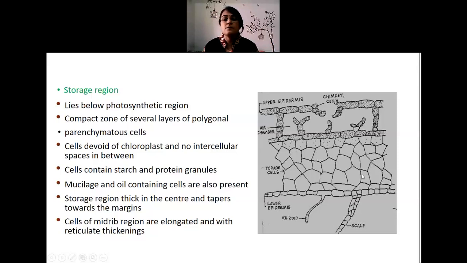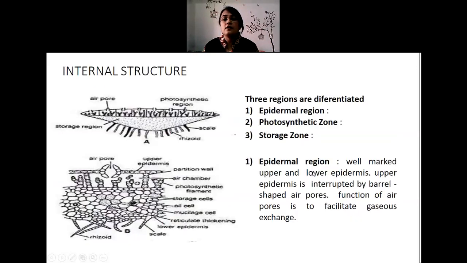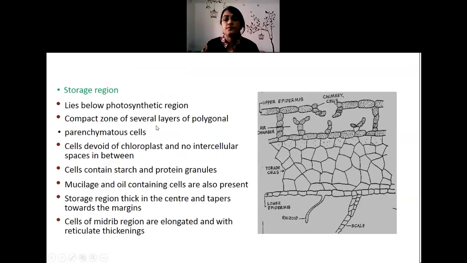Mucilage is found in some cells. In the thallus section, the storage region is several cells thick in the center, tapering to a few cells thickness towards the edge of the thallus.